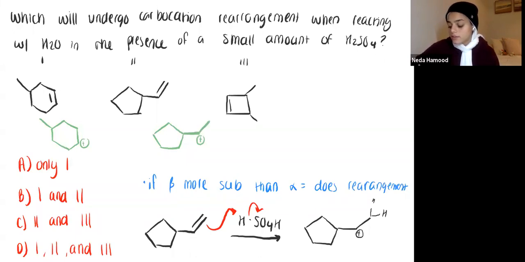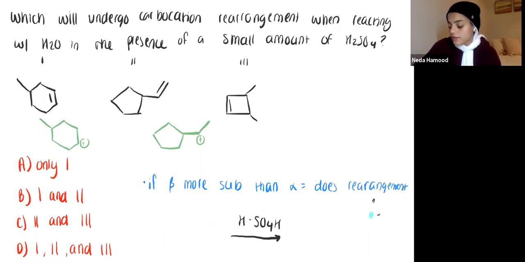And in the last one, again, we would have to write it out just to see. If I had this question on the exam, I would also write it out. Either way, it's going to be the same thing.